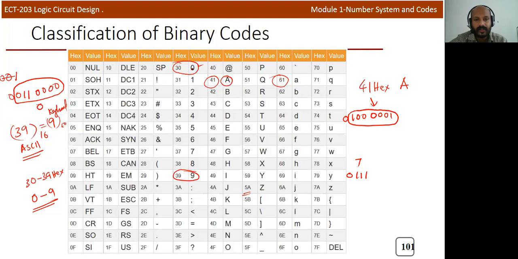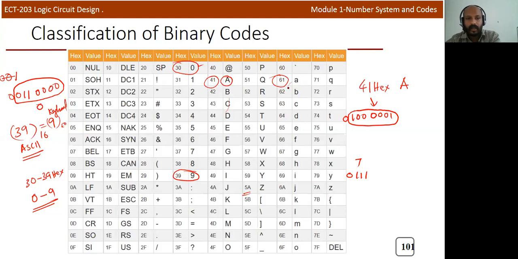The decimal digits 0 to 9 are 30 to 39 hex. Don't confuse this with the decimal value; decimal 30 is different. This is 30 hex, and this is 41 hex and 61 hex. Small letters start from 61. So you need to remember at least the starting values 30, 41 and 61.